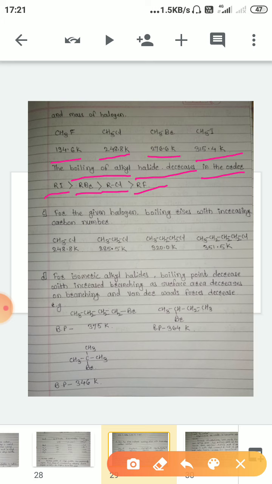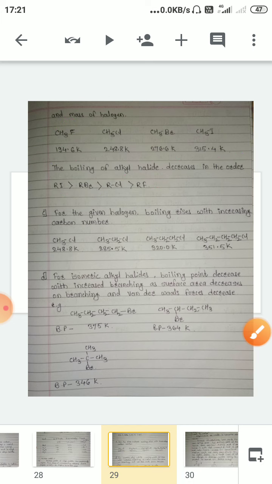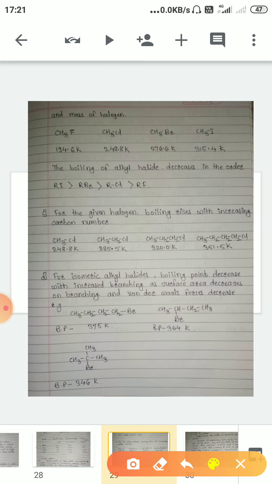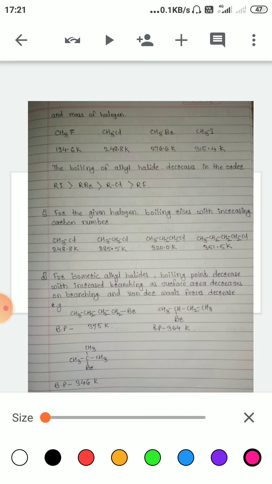Here the alkyl group is the same. Now we can look at different alkyl groups, that is, alkyl groups with increasing mass with the same halogen atom. For a given halogen atom, that is, when the halogen atom is the same in all alkyl halides, the boiling point rises with increasing carbon number.